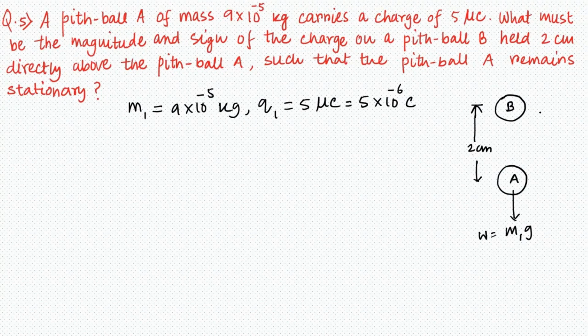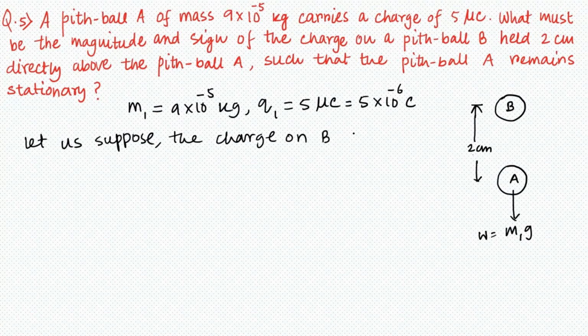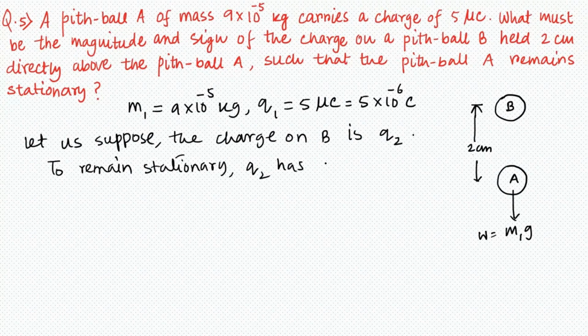Let us suppose the charge on B pith ball is q2, and to remain A stationary, q2 has to be negative.